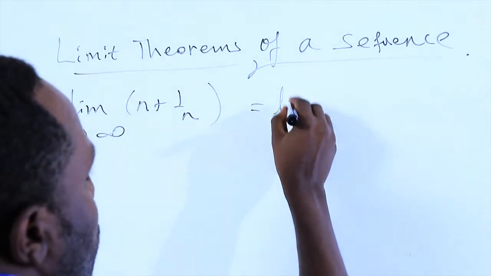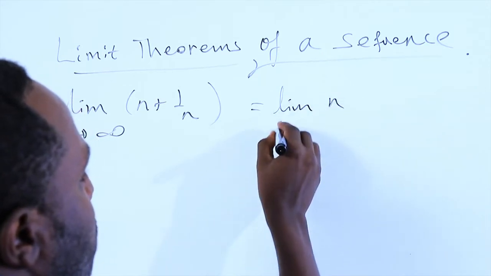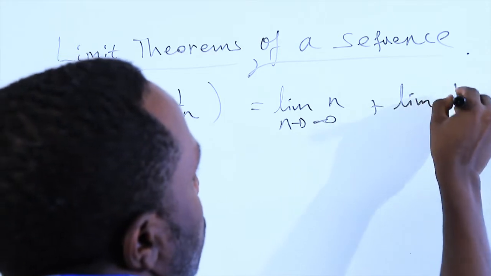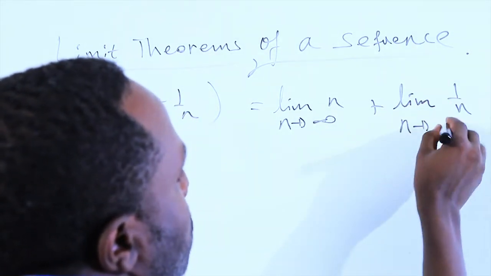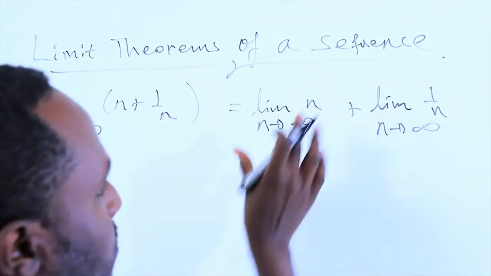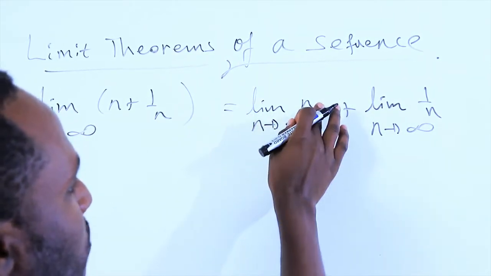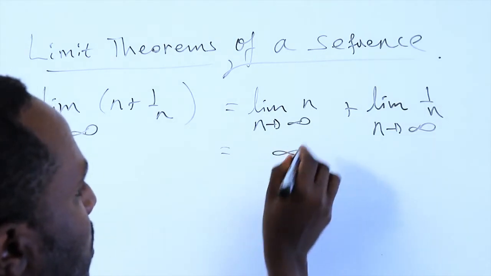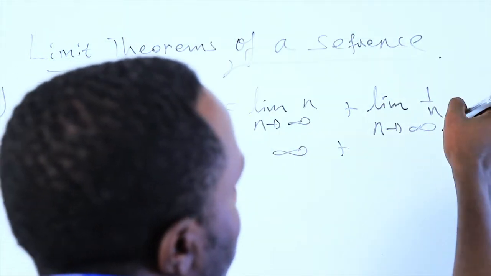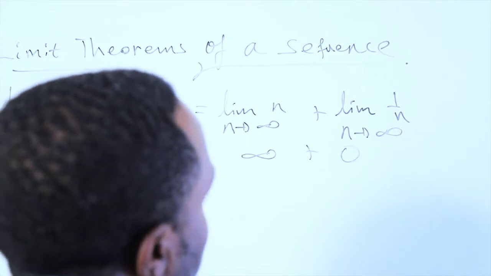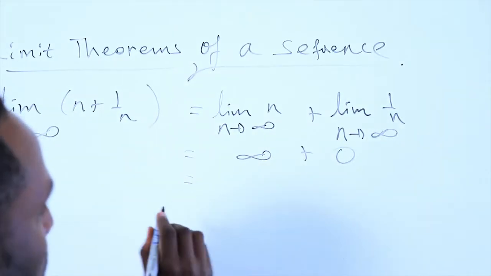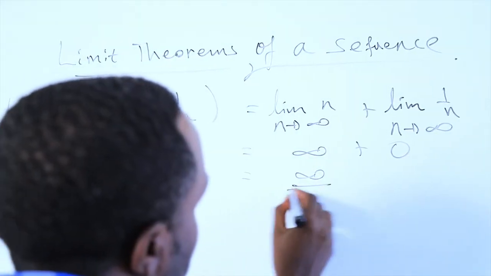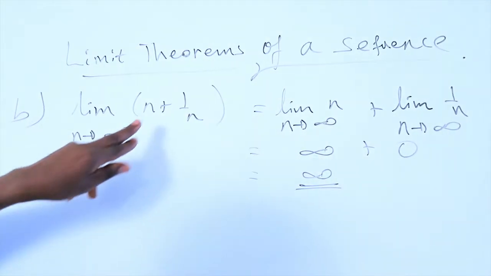So the limit of the sequence an, which is n as n approaches infinity, plus the limit of the sequence 1 over n as n approaches infinity. The first is infinity, plus when n approaches infinity this result becomes 0. So infinity plus 0, the result is equal to infinity.